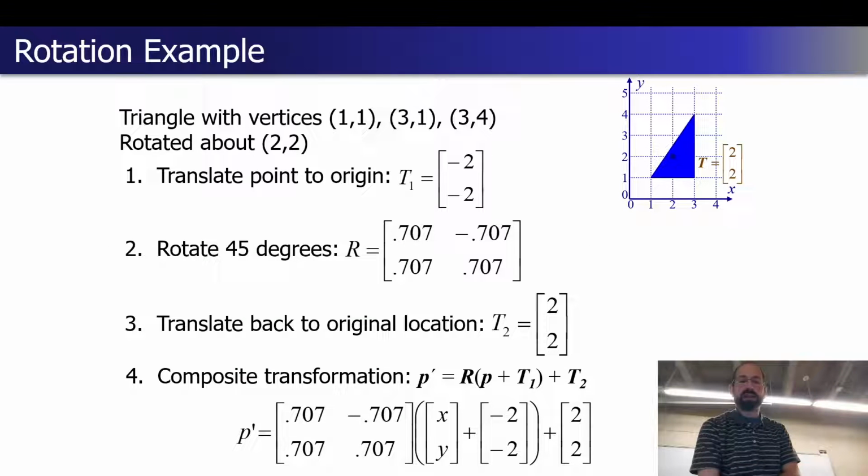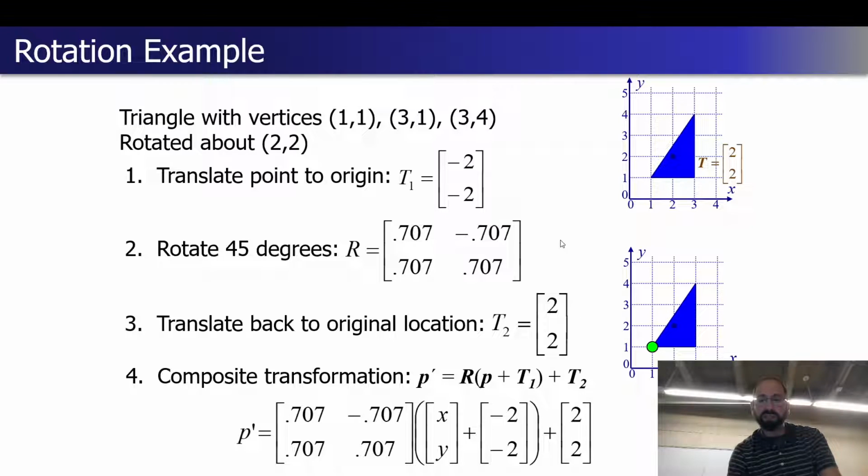That's our example here. This is exactly the example that we just did in MATLAB. So this, except for 2 being the point we're rotating around, is doing exactly that. A translation vector, a rotation matrix, inverse translation vector gets us that object rotated around that particular point.